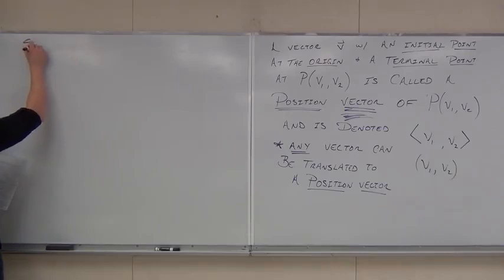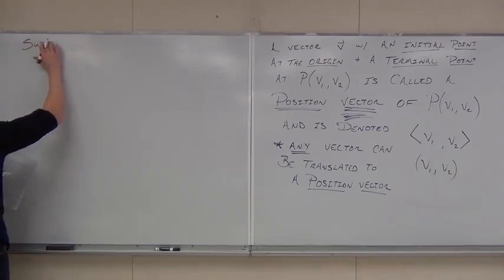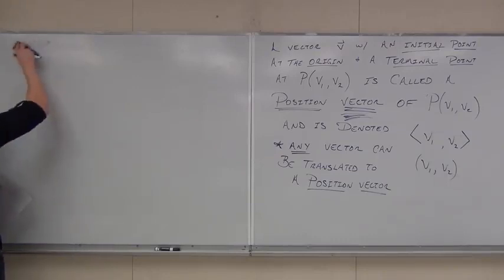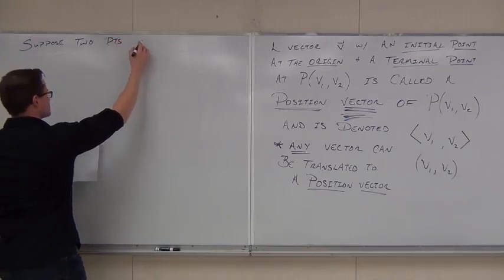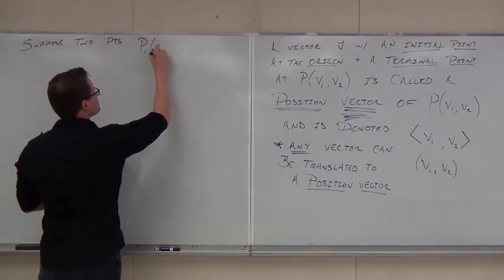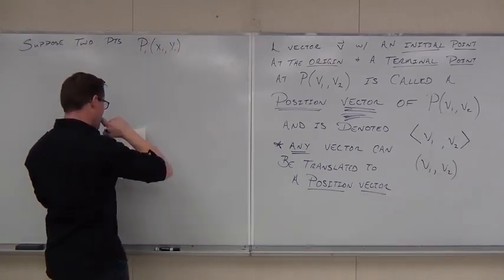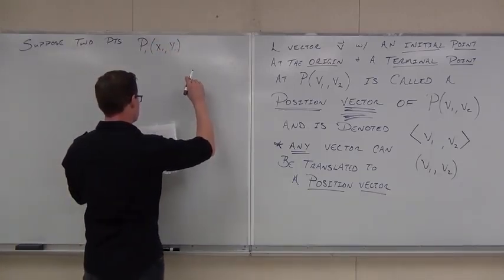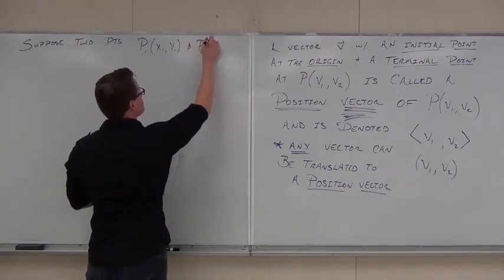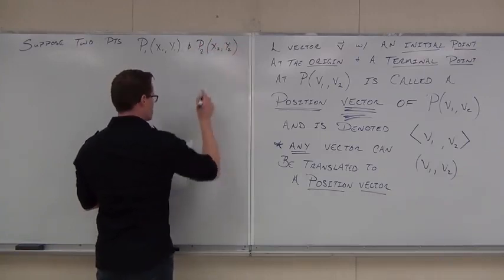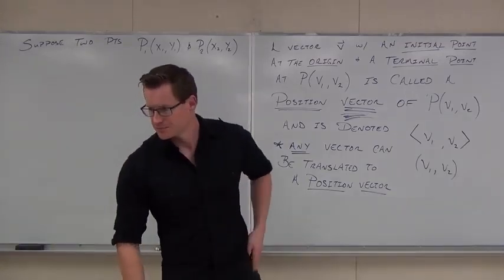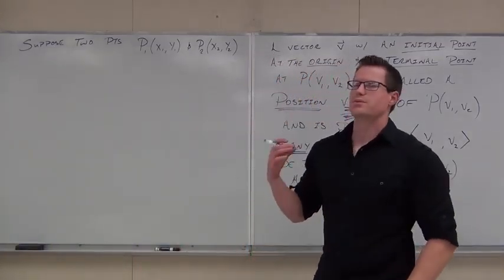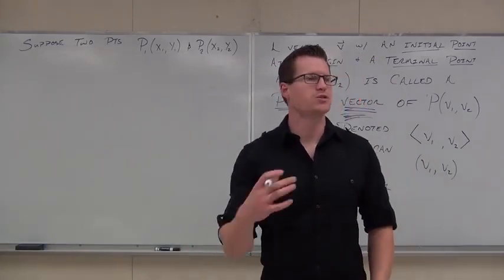So let's suppose two points are given. It's really easy to find a vector between 2 points, and you know what?